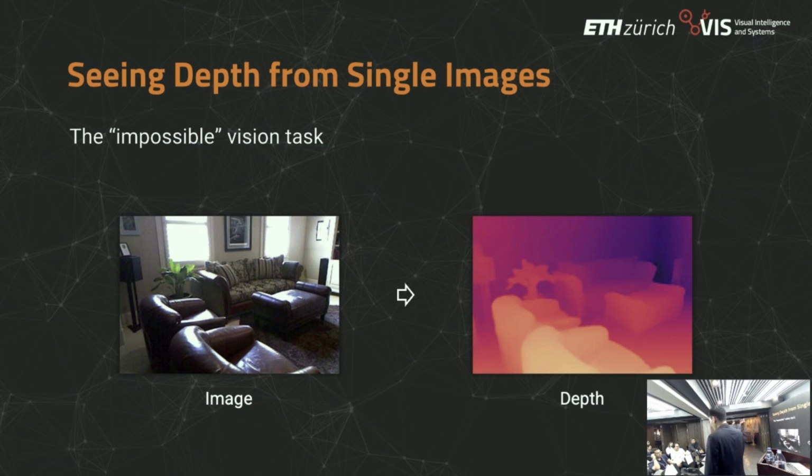If I ask you how many millimeters the chair is from me, it's impossible to tell. So we want to do something similar with the computer vision task. Even though it is impossible to learn, say, given any image, all the exact depths, we hope that with commonly seen objects or scenes, we can have reasonable depth estimation.